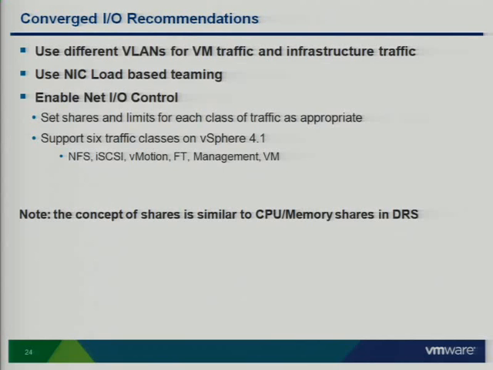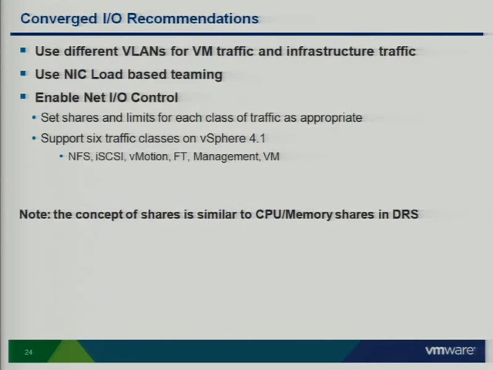That's a single button at the vCenter level on the VDS. You just say, I want to enable the control. Then there are 6 different traffic classes: NFS, iSCSI, vMotion, fault-tolerant logging, management traffic, and then all the VM traffic. For each of these classes, you can set shares and limits.